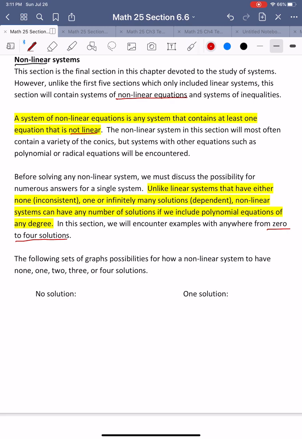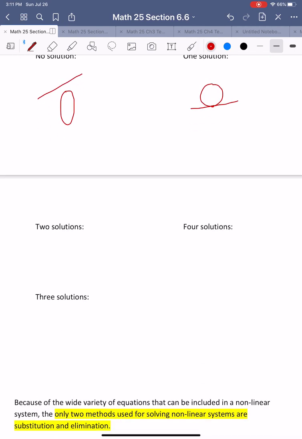No solution means, say you have an ellipse and a line which don't meet. One solution means you have a circle and a line going through one point. Two solutions means you have an ellipse and a circle that meet at two places. A solution is an intersection between the two graphs.